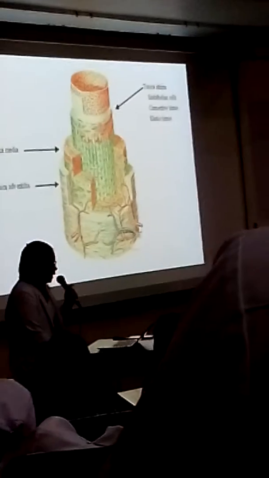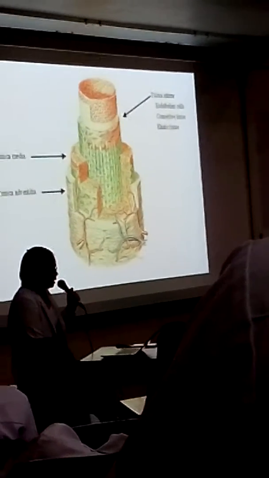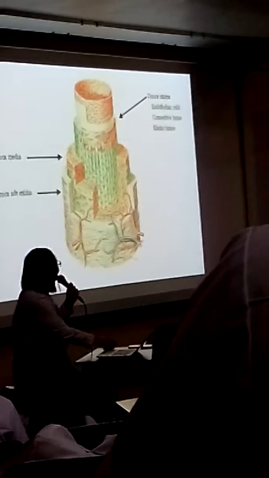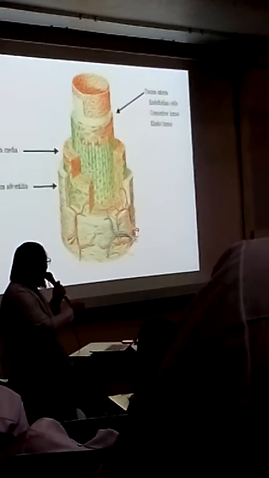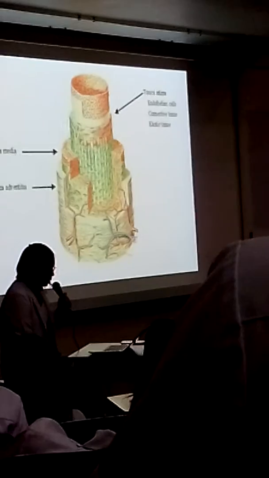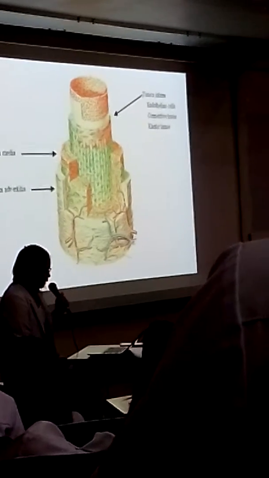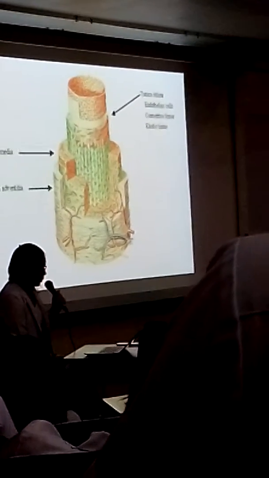So basically, your tunica intima has three layers. What are these? Composed of your endothelium, the connective tissue layer, and the subendothelial layer.